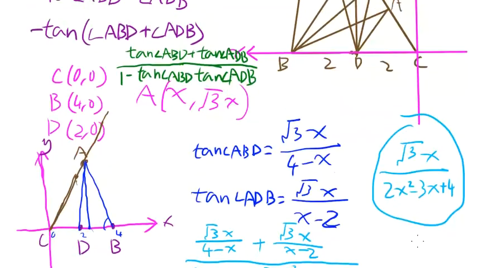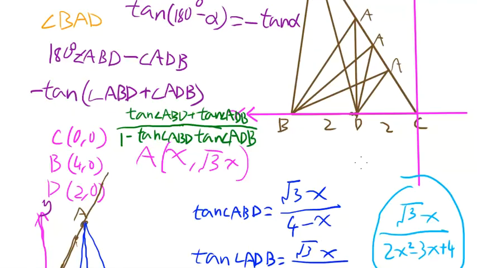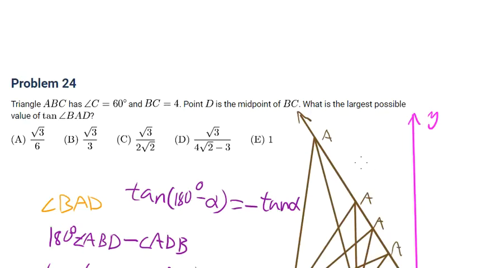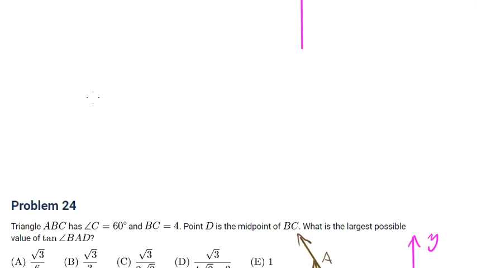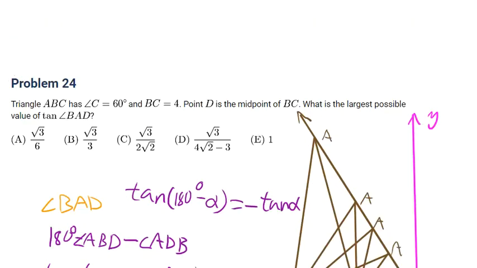Now we want the largest possible value. How do we get the largest possible value of this thing? Do we have to use calculus? I don't want to do calculus here, okay? Not all of you who know calculus will do this.